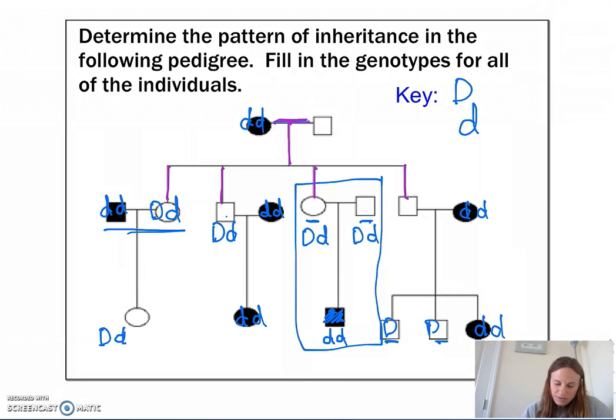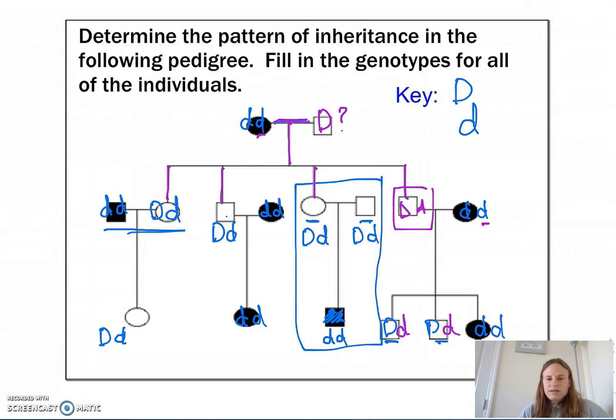So they're going to need to be capital D, lowercase d. And therefore up here, we would need to have at least one capital D. It could be heterozygous, or it could be homozygous dominant. And then down here, we can fill in a lowercase d, because this guy had to have gotten a lowercase d from the mom.